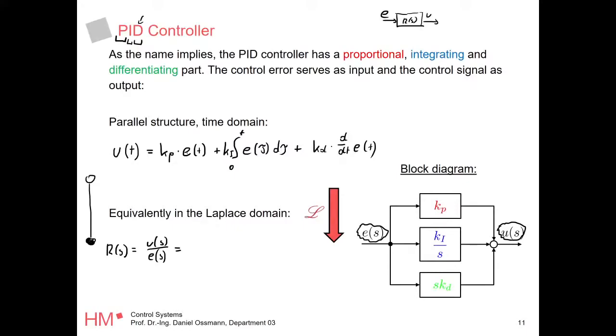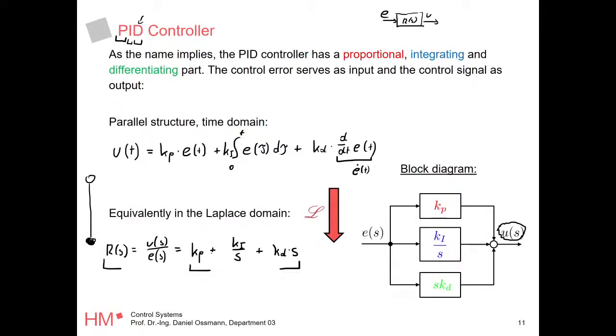Kp times E of t, Laplace transformed, is simply Kp, plus the integral, which is 1 over S, so it's Ki over S, and this one here is Kd times S, because we have E dot here, which Laplace transformed is S times E of S. So this is not really a transfer function yet, because we have basically 3 transfer functions, this one, this one, and this one. So we will make that simpler in a second.